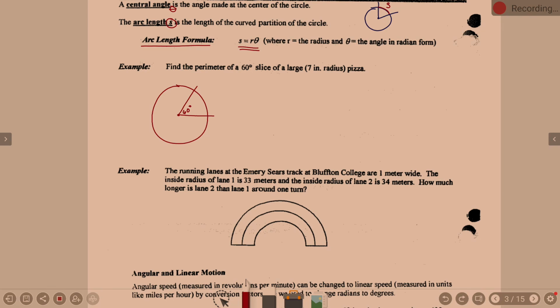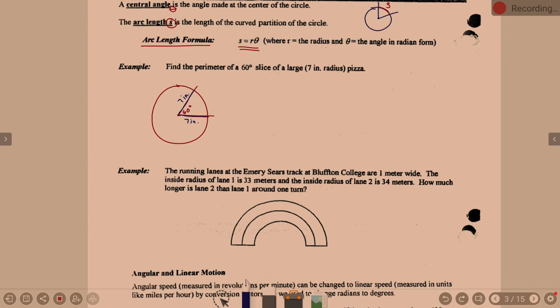And what else do we know about this pizza? It has a 7-inch radius, and how is that important? Where is 7 inches here? That side of the pizza slice is 7 inches, and the other side is 7 inches.